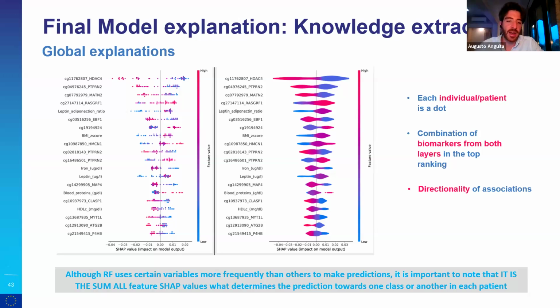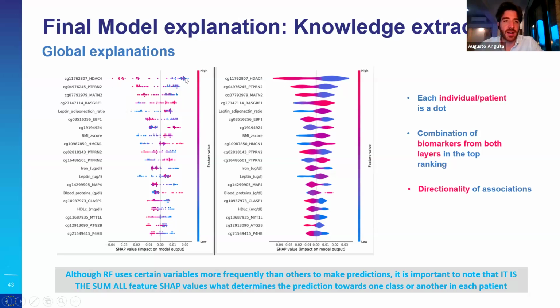And if the SHAP value is positive, that means that this variable, in that particular individual, is moving the prediction of the algorithm to the positive class, to be insulin resistant.